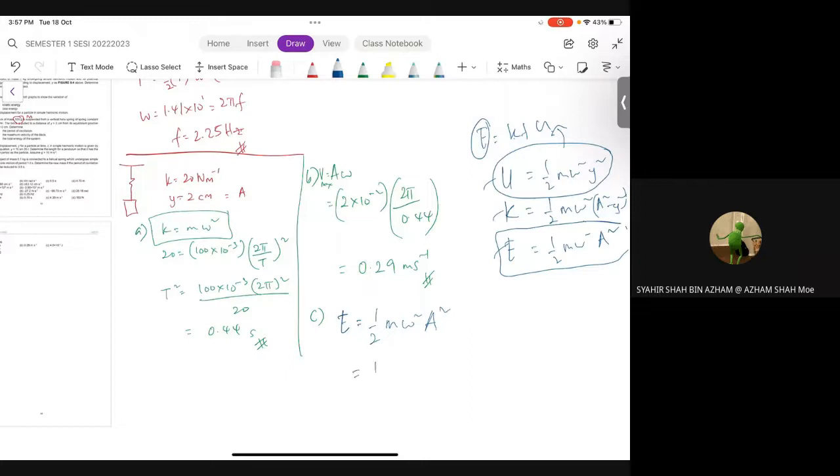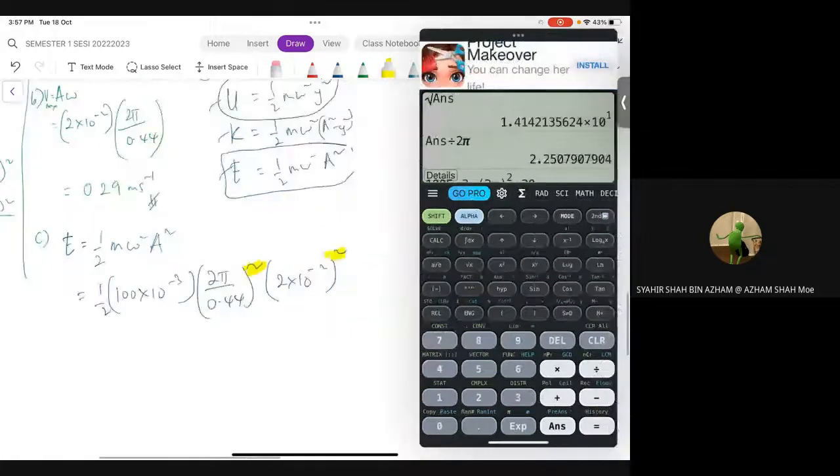Okay, m adalah berapa tadi? 100 darab 10 negatif 3. Omega adalah 2 pi divided by 0.44, squared. A adalah 2 times 10 negative 2, squared. Please be careful ya. Banyak sangat squared ni. Selalunya squared ni lah you suka hilangkan dia. Okay.